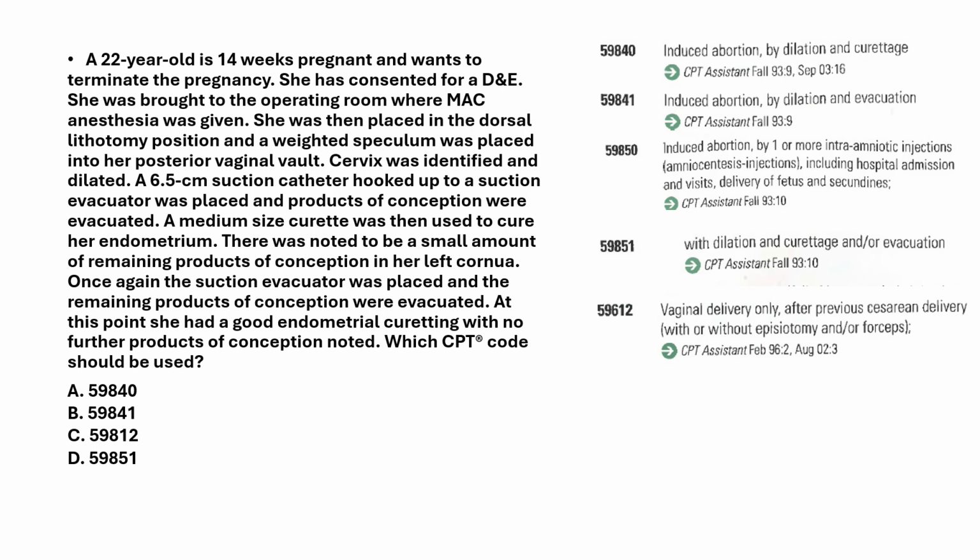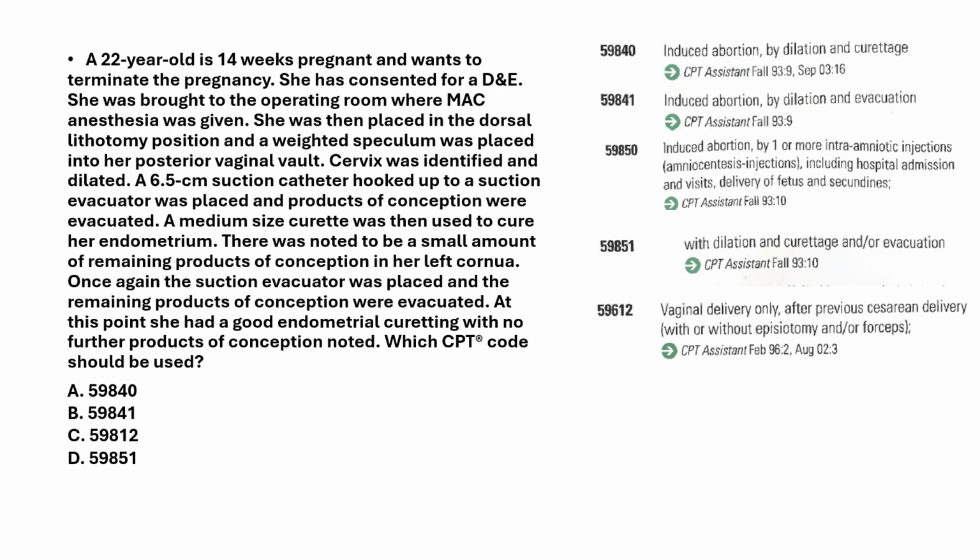So let us look at our options. 59840 talks about induced abortion by dilation and curettage. And this is the case of induced abortion because they have induced it from the outside. And then 59841 is induced abortion by dilation and evacuation. 59812 talks about the vaginal delivery only after previous cesarean delivery, and 59851 is with dilation and curettage and/or evacuation.